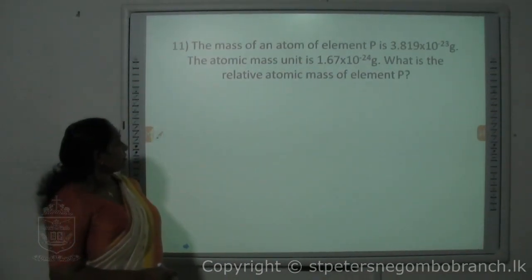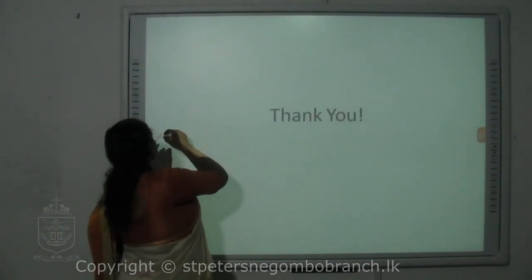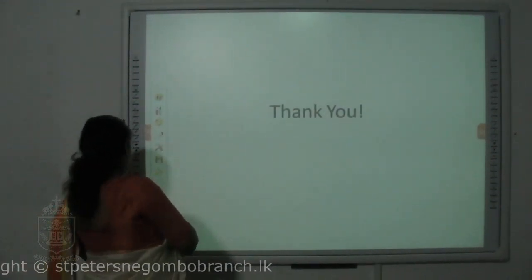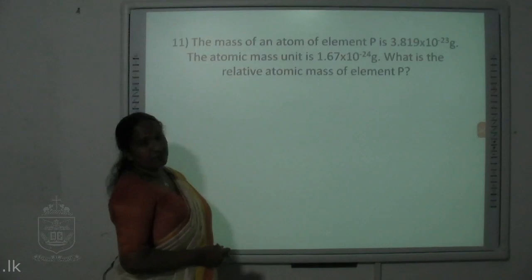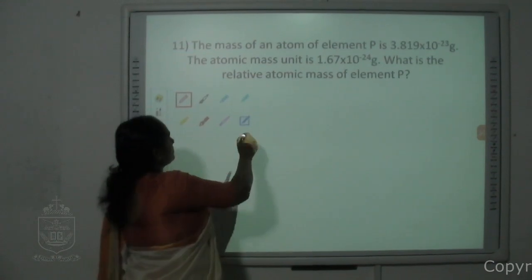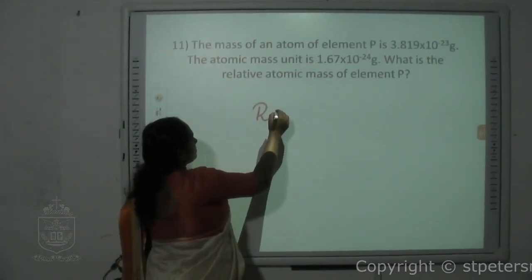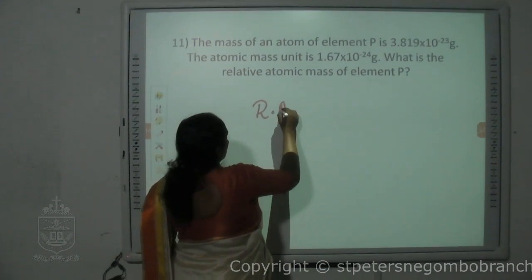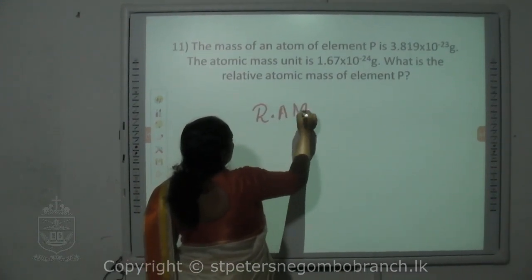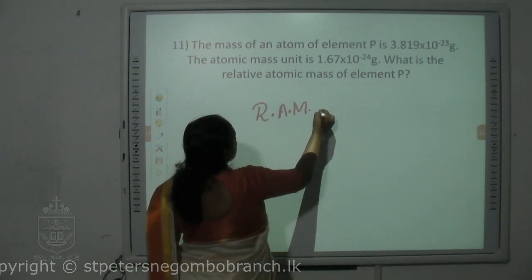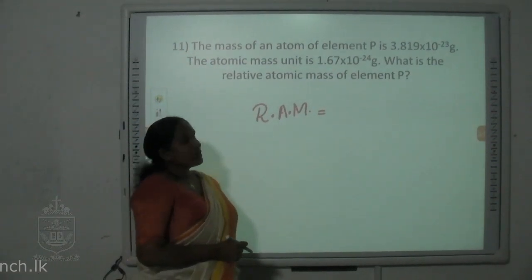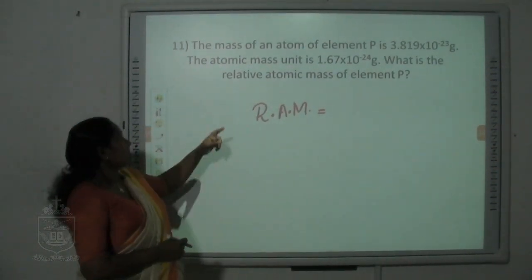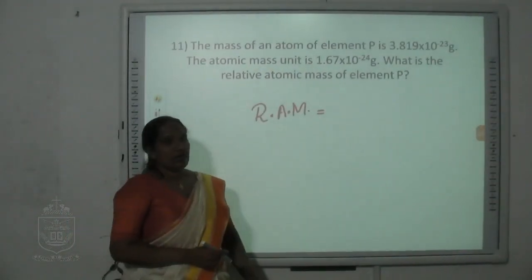To find out relative atomic mass, we need the mass of the atom as well as the atomic mass unit.